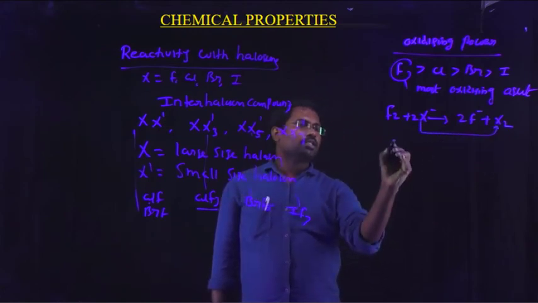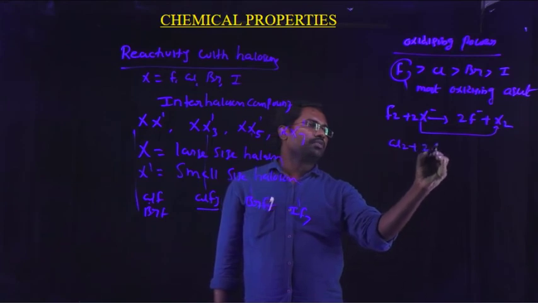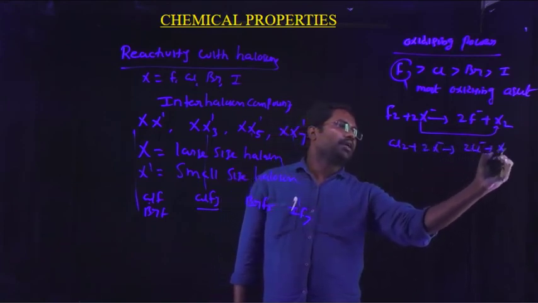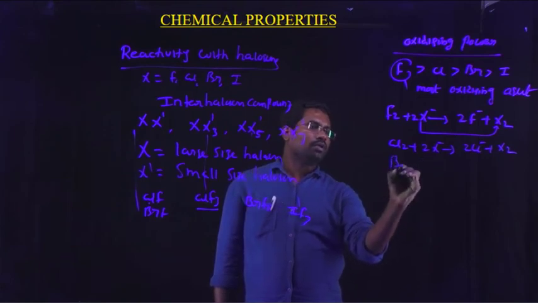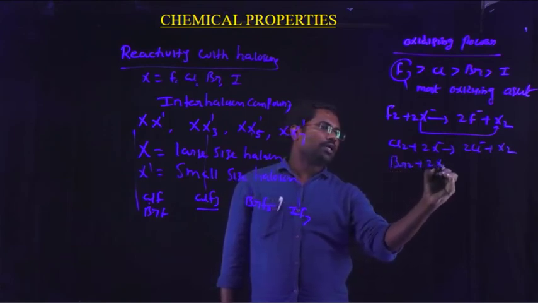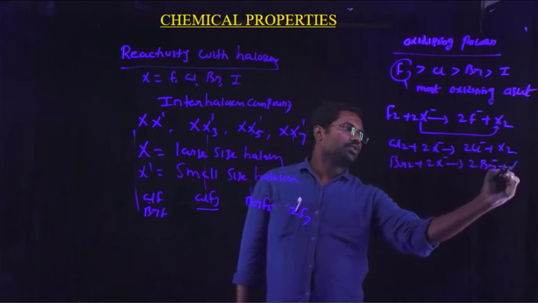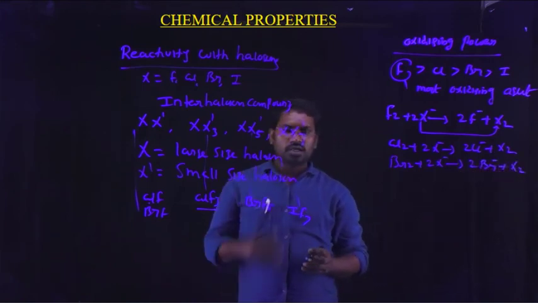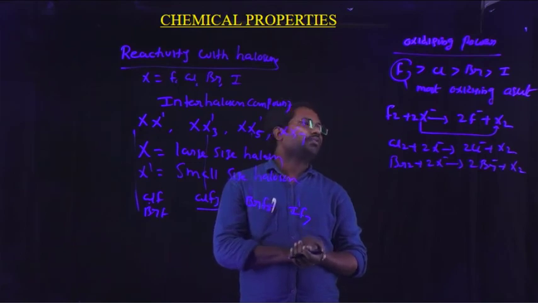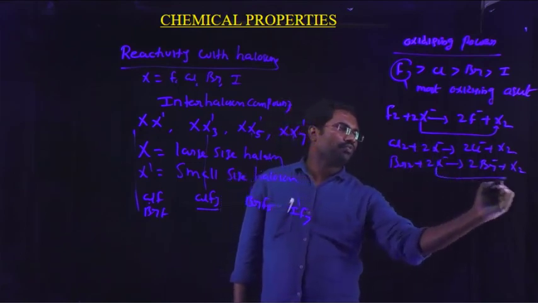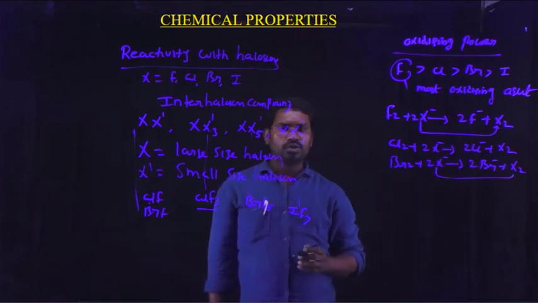In case of chlorine also, chlorine reacts with a halide ion. In case of bromine, bromine also reacts with halide ion, giving 2Br minus and X2. So the important point is the oxidizing power of halogens: they can replace a halide ion into free halogen.